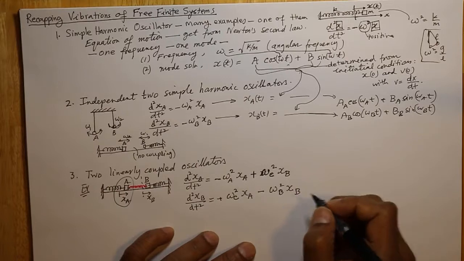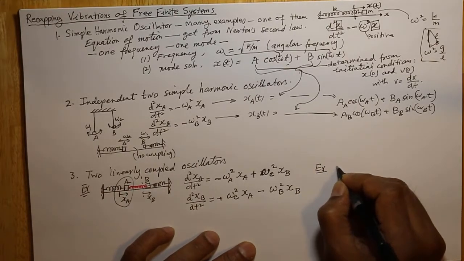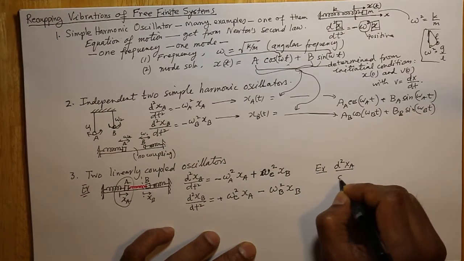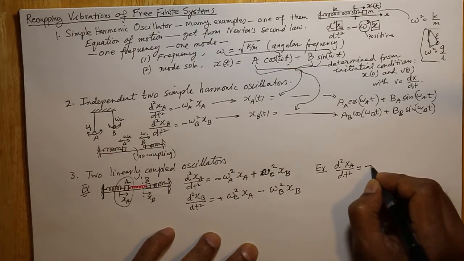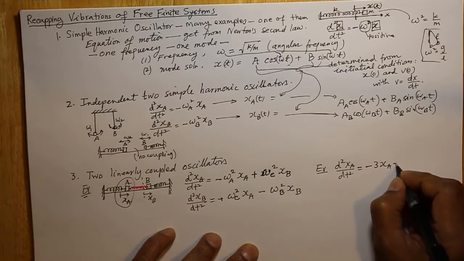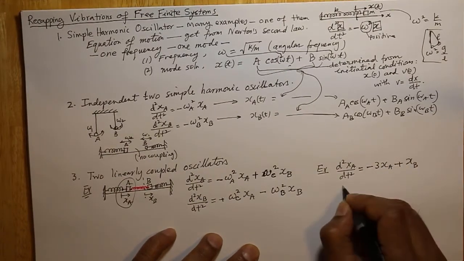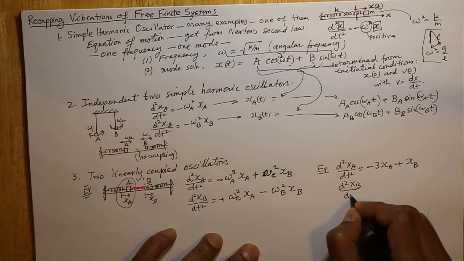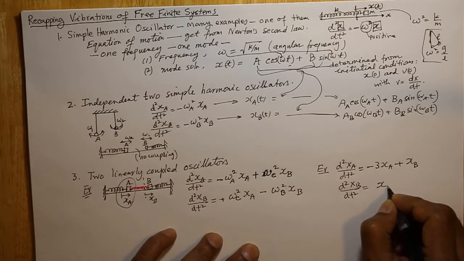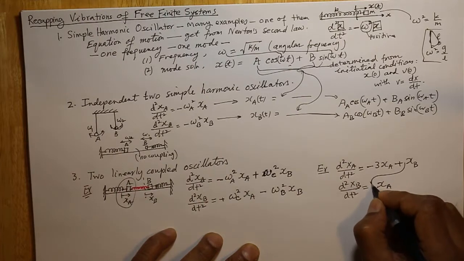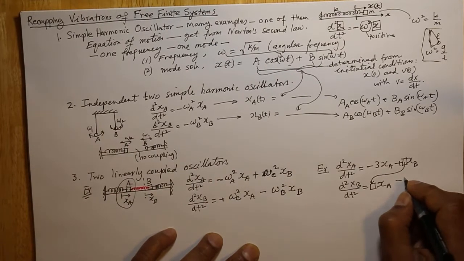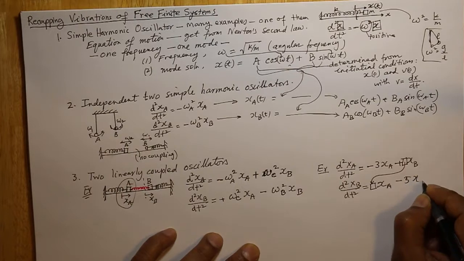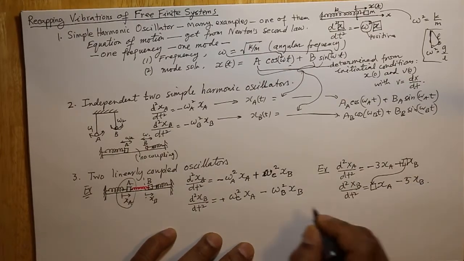So an example may be d²xA/dt² equals minus 3xA plus xB, and d²xB/dt² equals xA, so same coefficient, minus say 5xB. So an example like this.